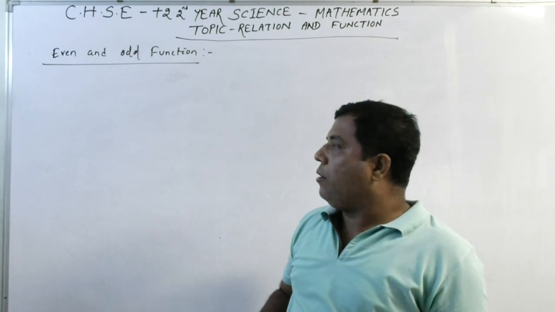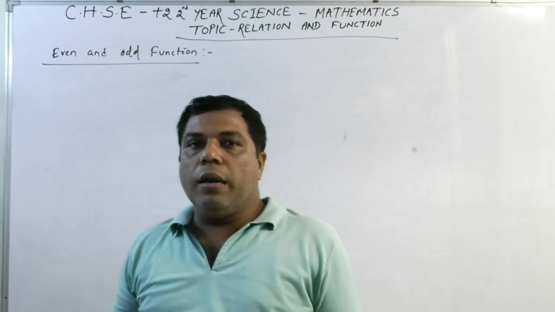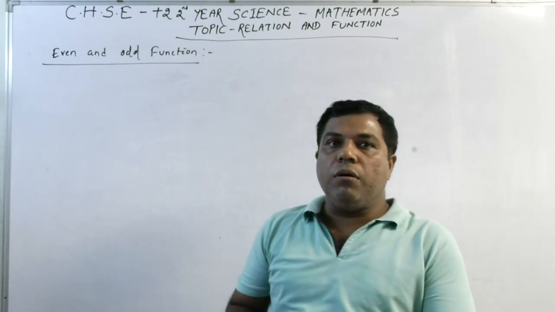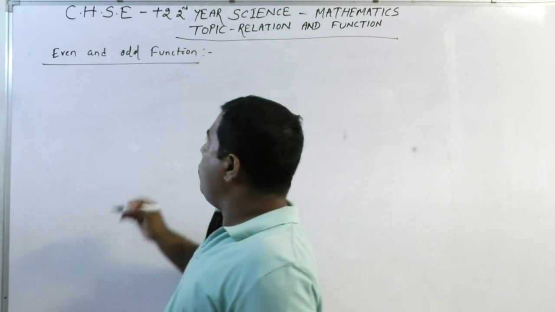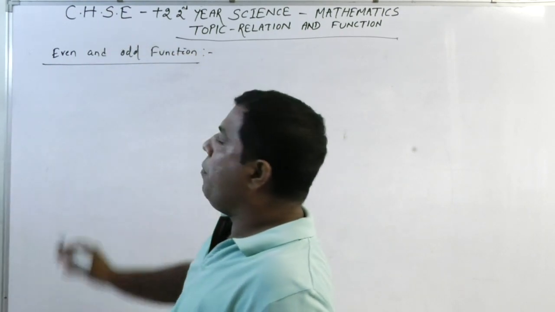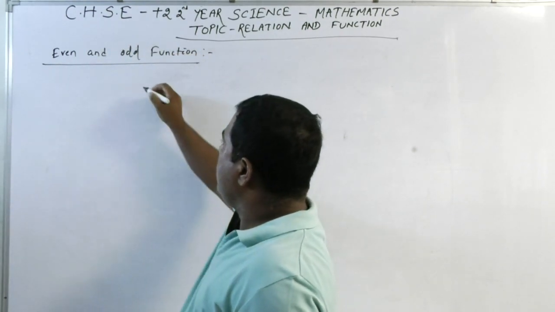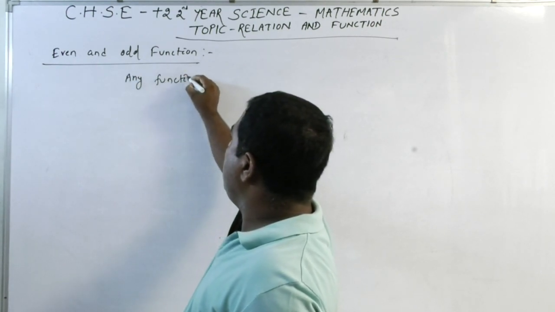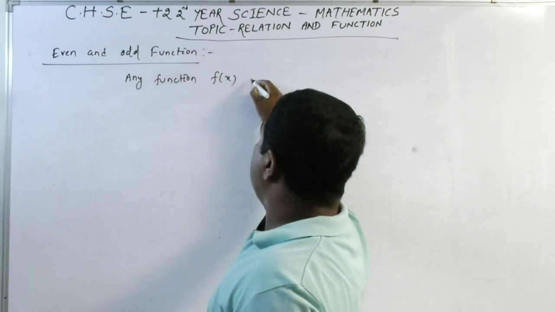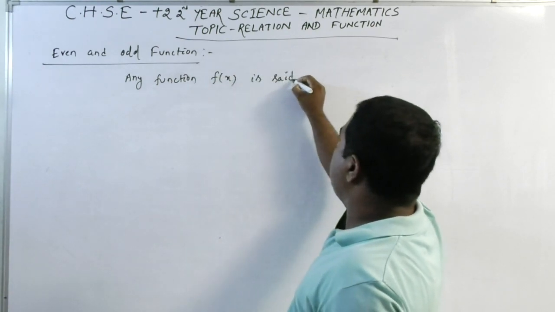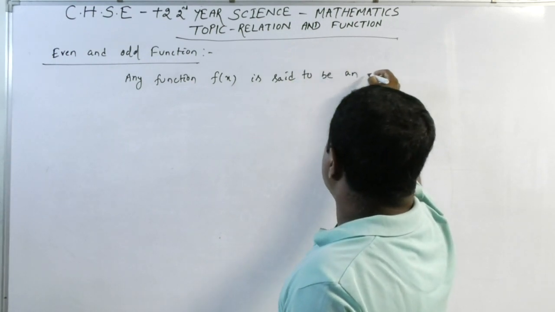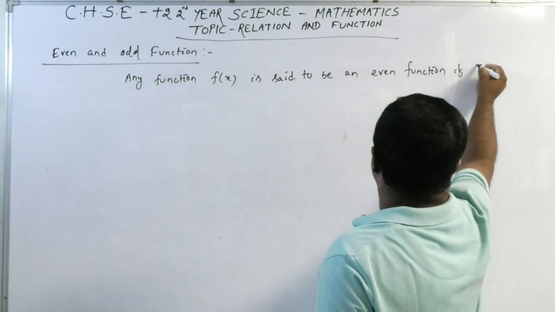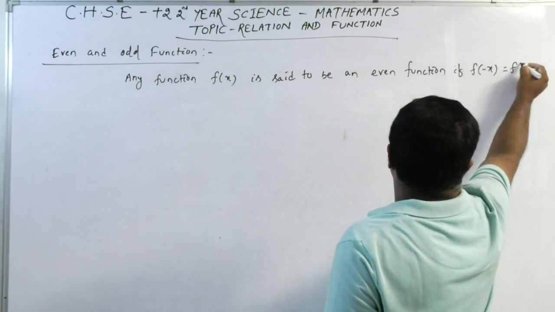We know about the even number, but an even function is somehow different, and an odd function is somehow different. So now I am going to tell you about the concept of even and odd functions. Any function f of x is said to be an even function if f of minus x equals f of x.